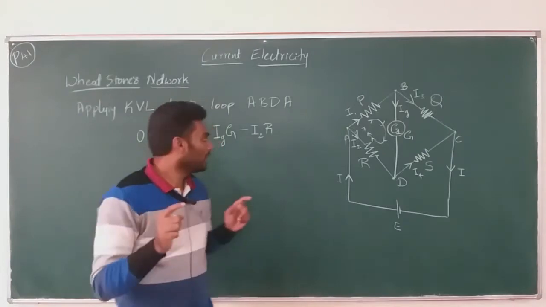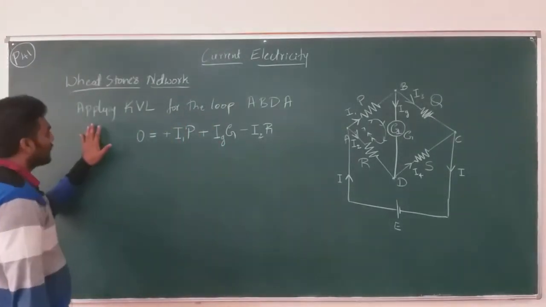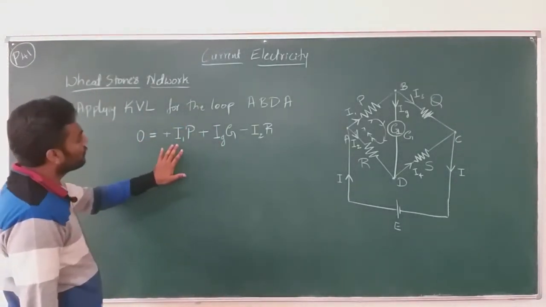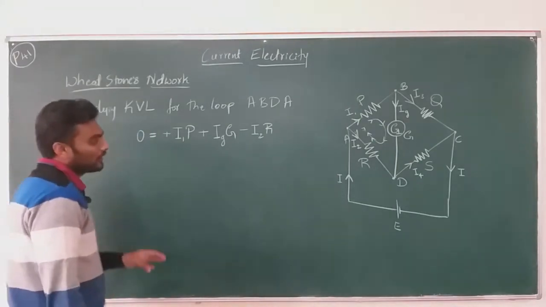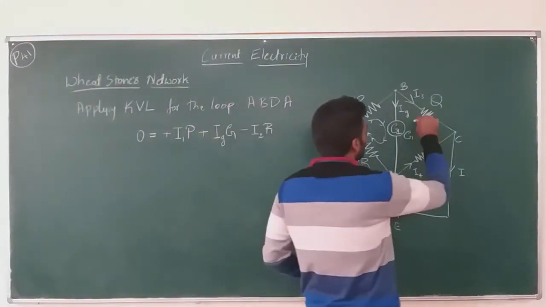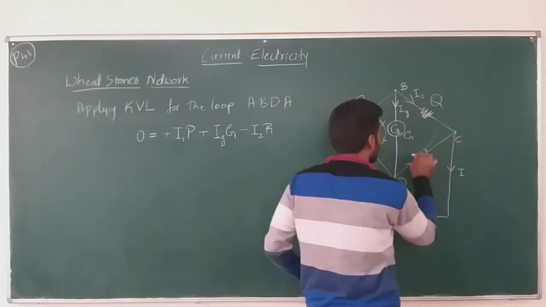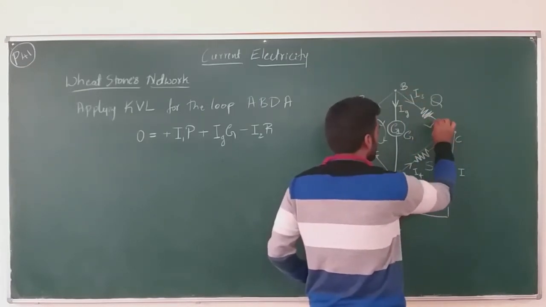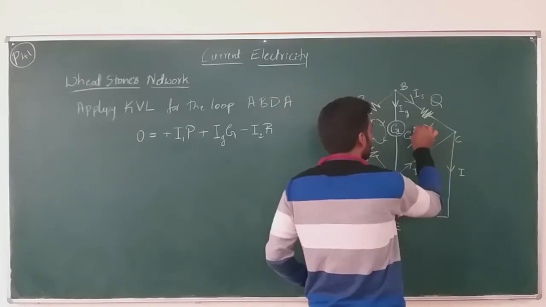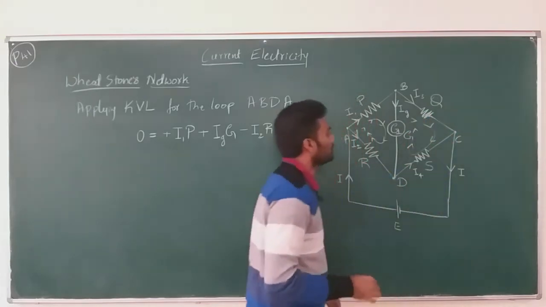Clear on that? Good. Now, similarly, this is the one loop that we have considered, and the second loop that we are going to consider now is B, C, D, B. Right.